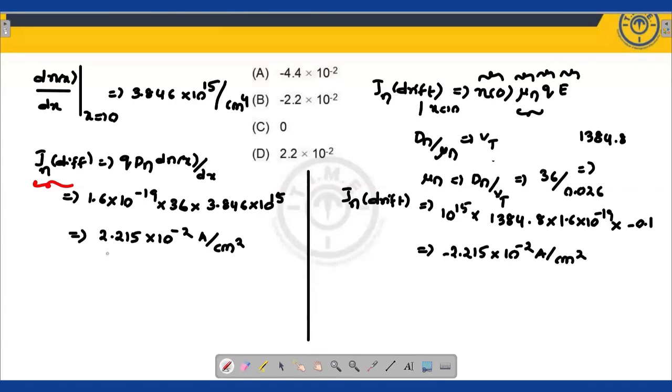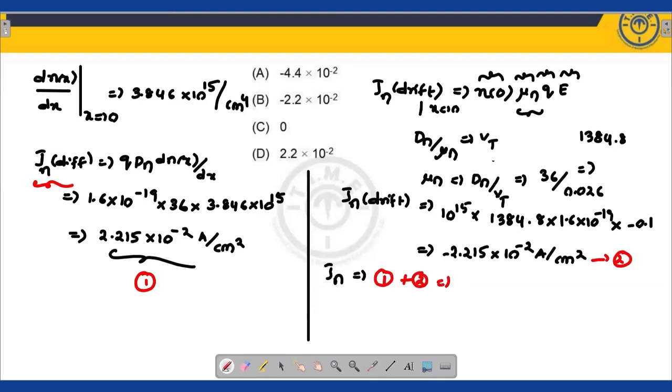Now what is the formula for complete Jn? Jn is the combination of this, which is 1. This value you are going to get is 2. So 1 plus 2, 1 is positive and 2 is negative.